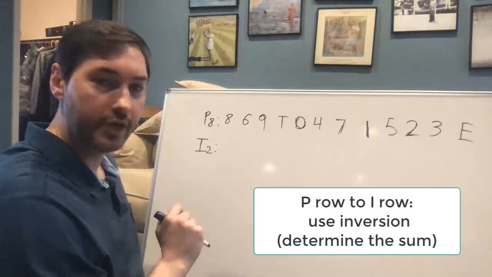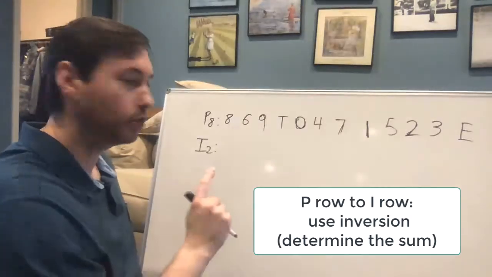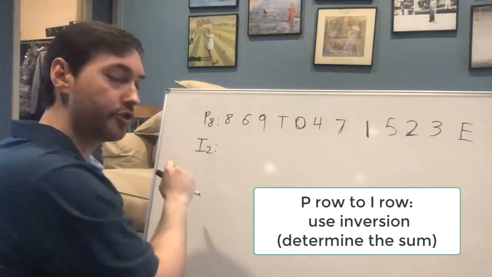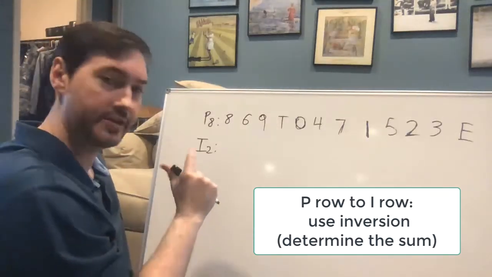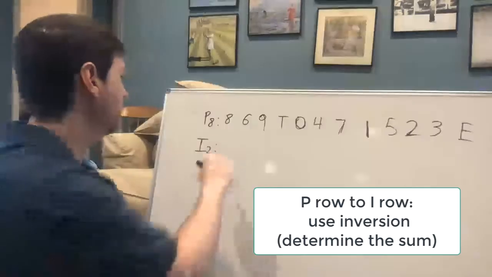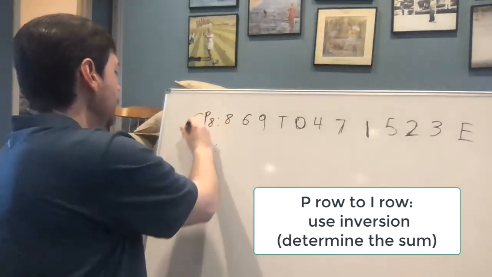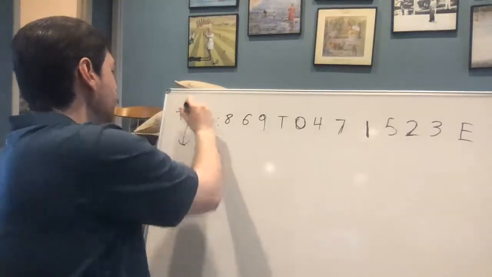Now, what do I do when I know it's an inversion? I'm going to look at the numbers again here. Since it's an inversion, I'm going to sum them together, because that's how inversional numbers work. So I'm going to sum 8 and 2 together, and that means T10I.